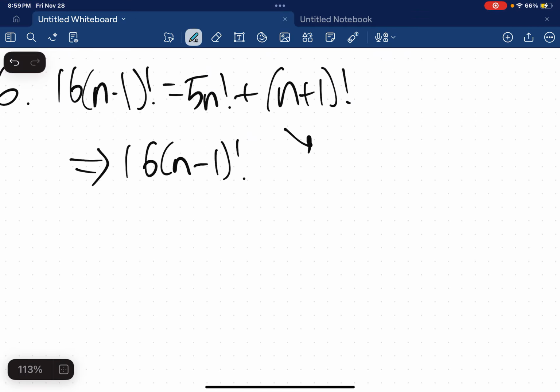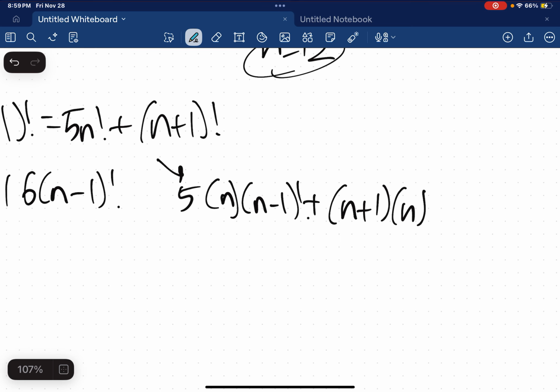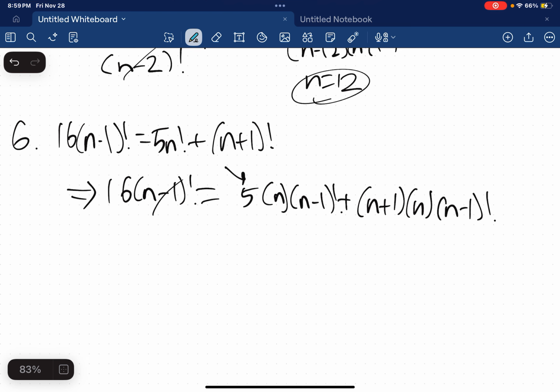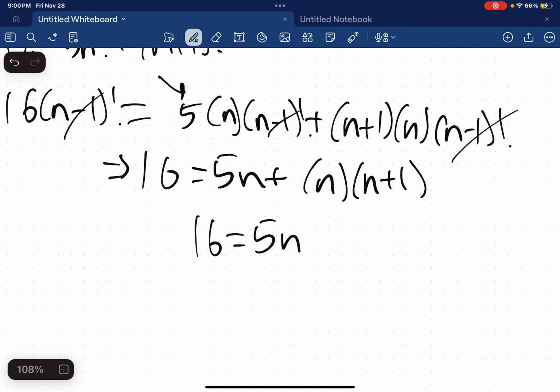So on this side, we also want to get an (n minus 1) factorial. And we can do that by setting it like this. So then we divide by that on both sides. We get 16 is equal to 5n plus n times (n plus 1). 16 is equal to 5n plus n squared plus n.